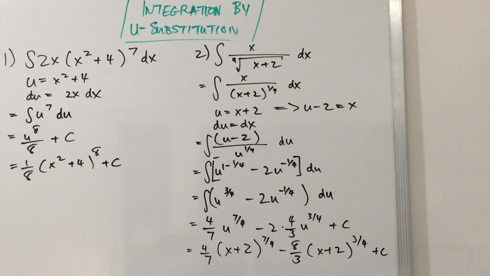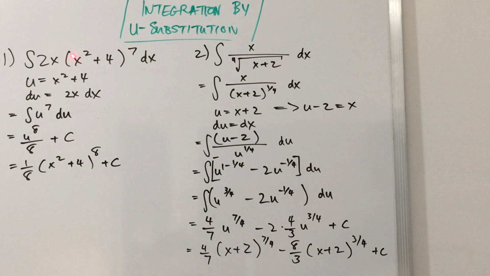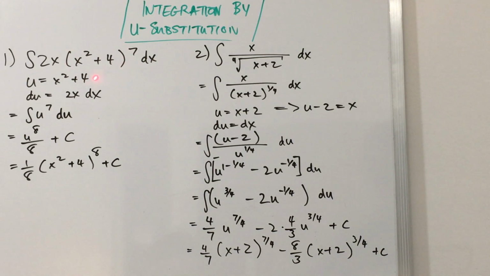And how do we decide to let u equal this? Well, to be honest, you have to look at the whole integral over here, and think: what substitution, when you take the derivative, would equal this part?